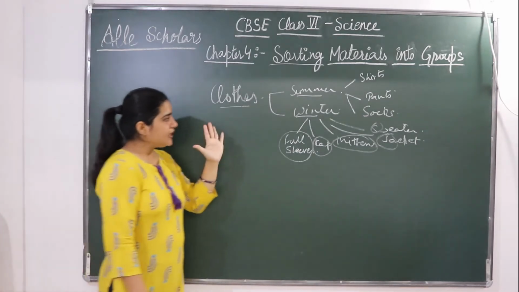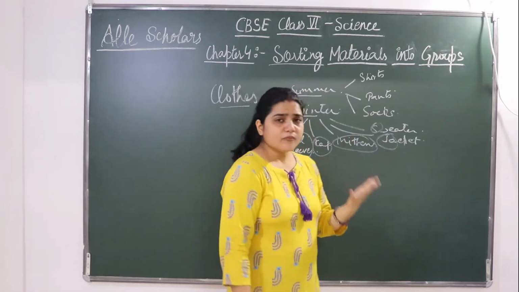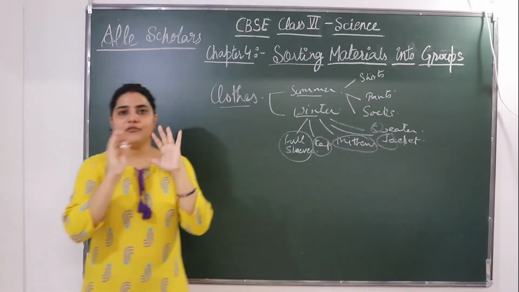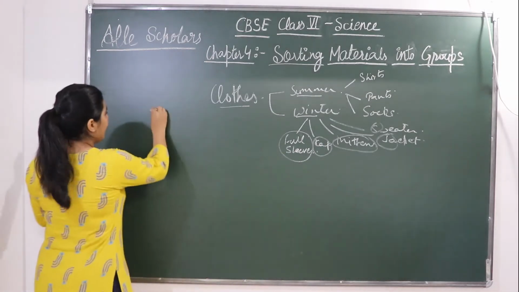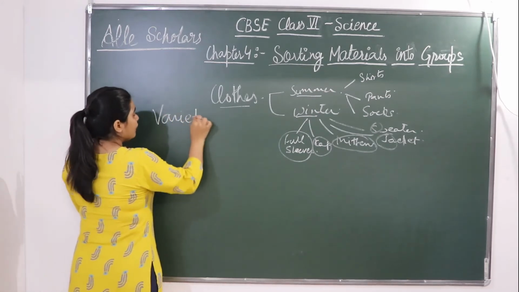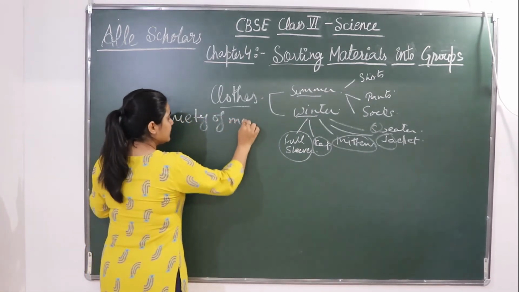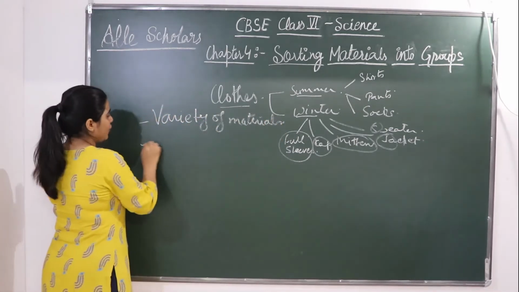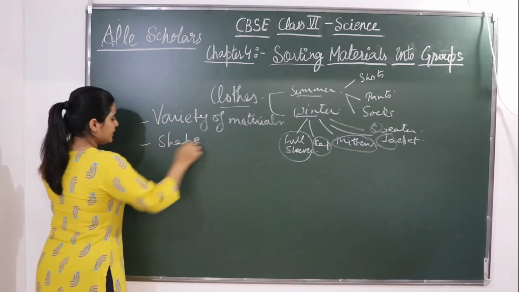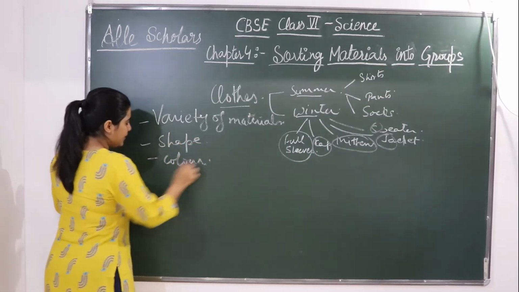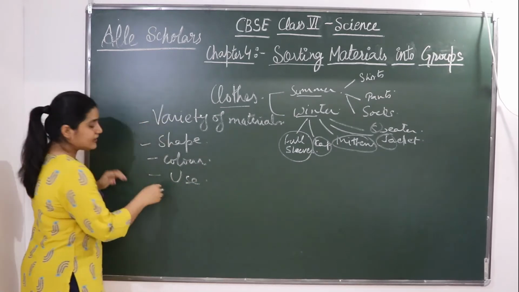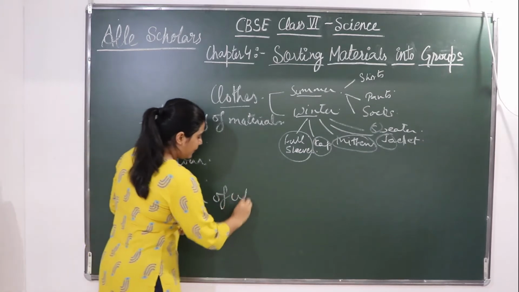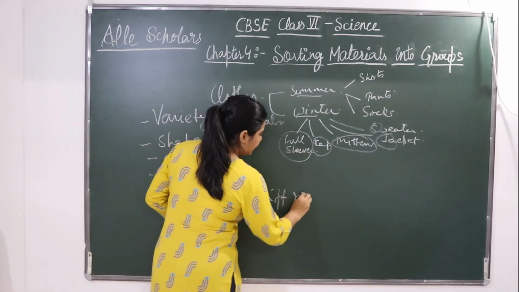So different materials are used differently. Okay, so we have a variety of things around us, a variety of materials. Each material has a different shape, different color, different use, and they are made up of different materials.